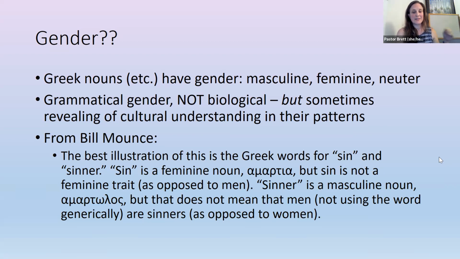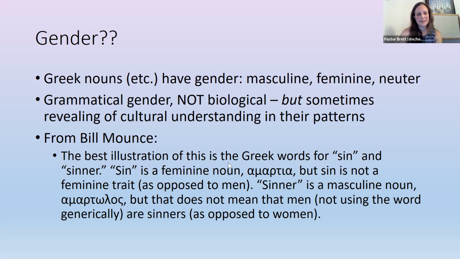The word for good can be masculine, feminine, or neuter. So if you say, that's good, and you use a masculine form, then it implies that you're referring to something masculine. In grammar, not necessarily biology, but these things, as you can imagine, might have some implications when we're translating. Because English doesn't have that, do we lose some flavor? I don't know. Any translation from one language to another changes it.